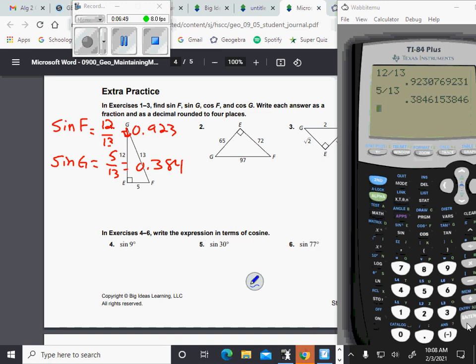The cosine of f, remember, that's adjacent: 5 over 13, which is equal to 0.384. Cosine of g, or adjacent over hypotenuse, is equal to 12 over 13, 0.923.